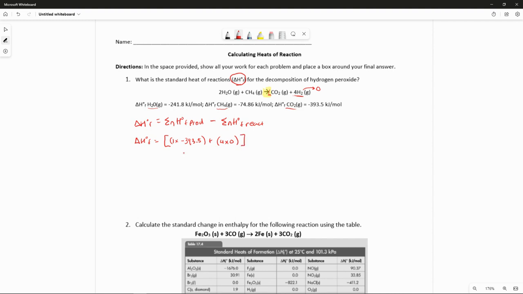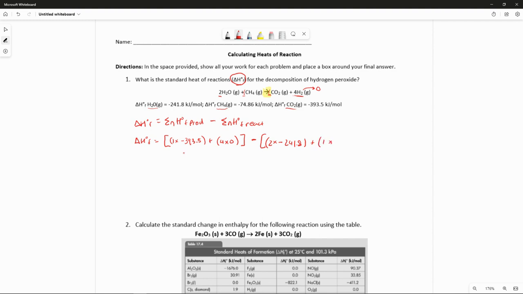And then we have this minus, since it's product, we have to minus the reactant now. We look here, we have a 2, so we have 2 times the value of H2O, which is negative 241.8, plus the value of CH4, which has a 1 in front, an invisible 1.